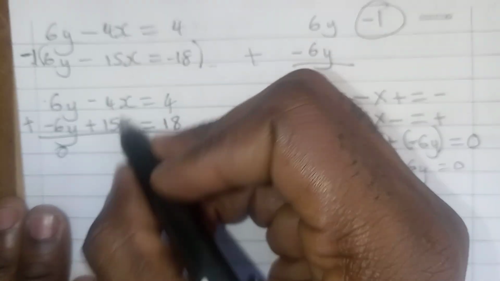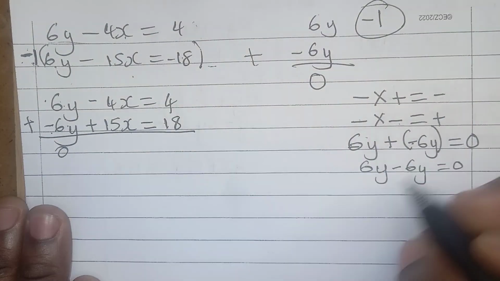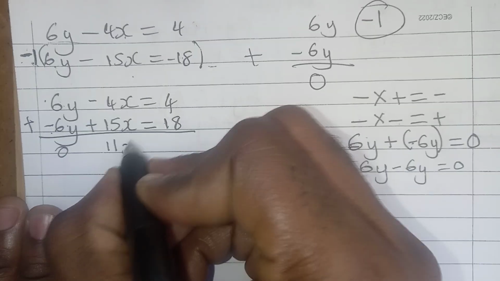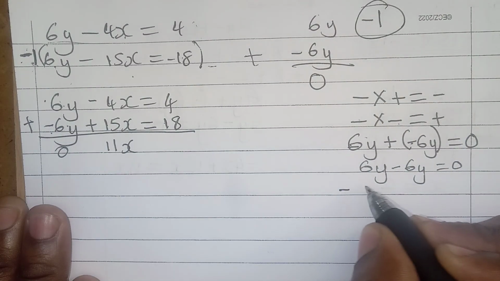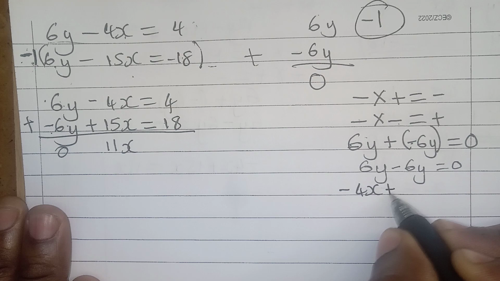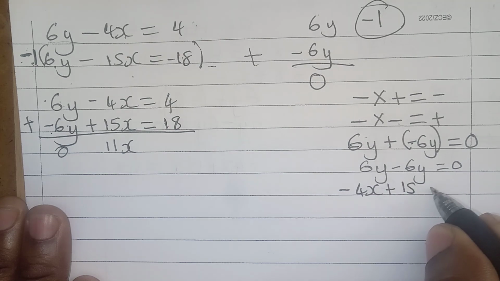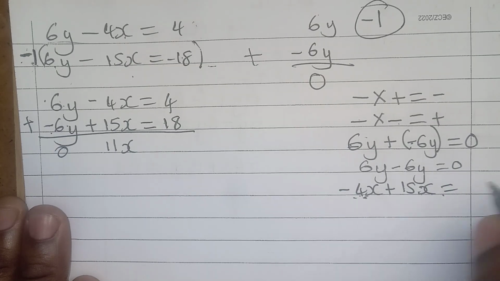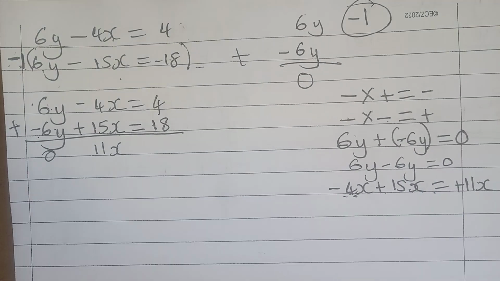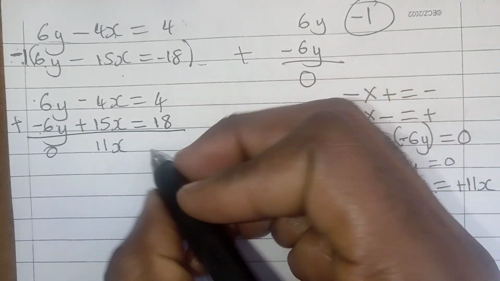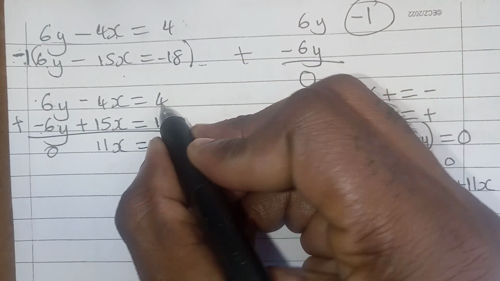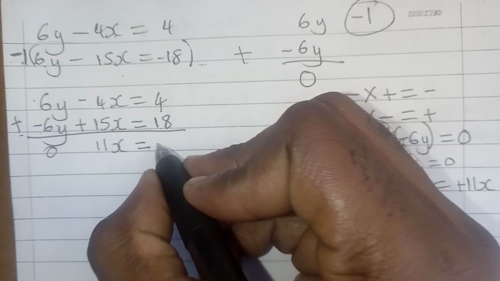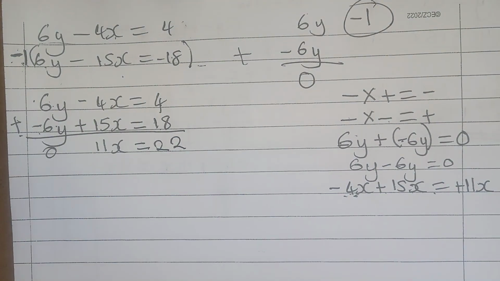When you add these two, you get 11x. Remember, this is negative 4x plus 15x, and when you have different signs, you subtract. So this would be 11x, and you get the sign from the bigger number. And then we have an equal sign, 4 plus 18, this is simply 22.